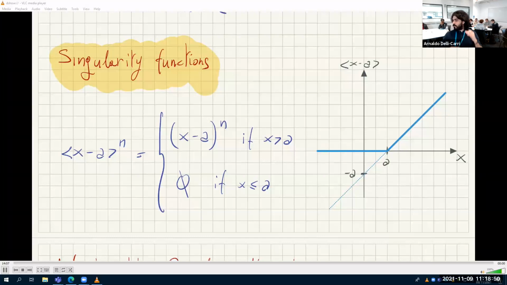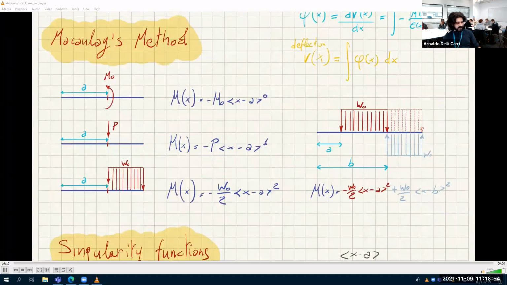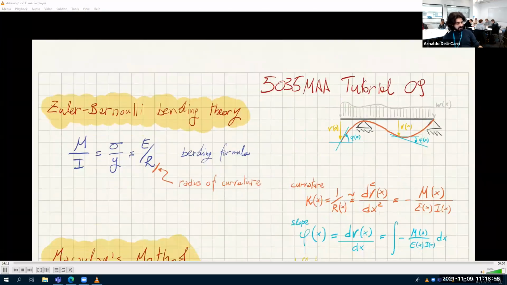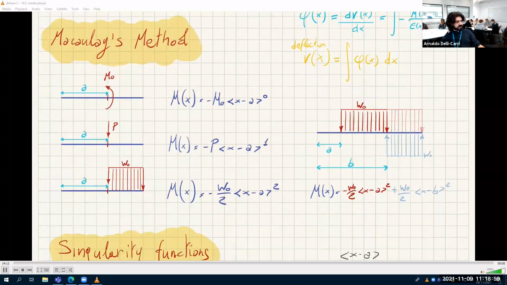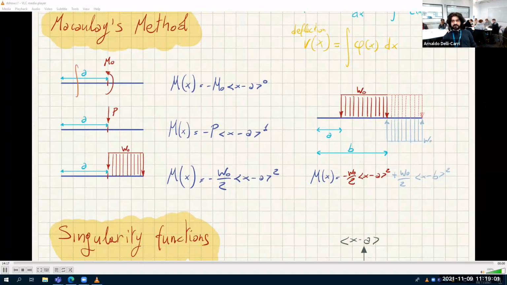And remember what you do when you cut and look left. Say, look at this. I cut and look left. What is the moment here? 0. There's no load. If I cut and look left, 0. There's no load. Cut and look left, 0. No load. But if I cut here and I look left, the load is now m0.